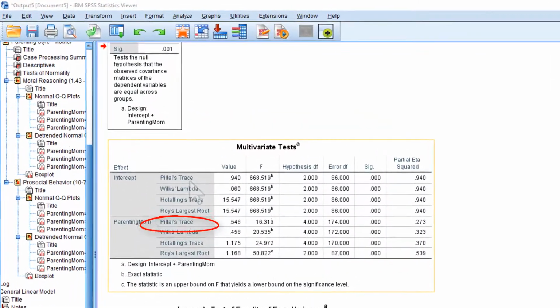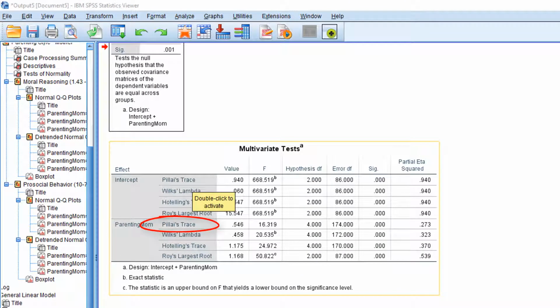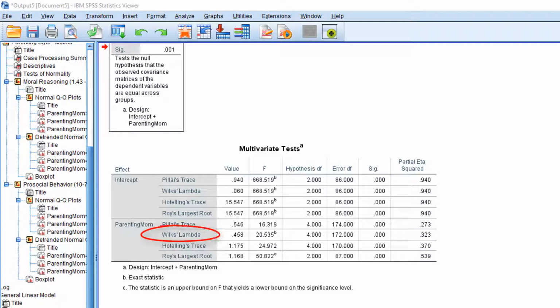You have Pillai's trace. This is often favored for unequal sample sizes and when the assumption of homogeneity of covariance matrices is not met. Wilks' lambda is commonly used and is a good option when the variances are not equal.